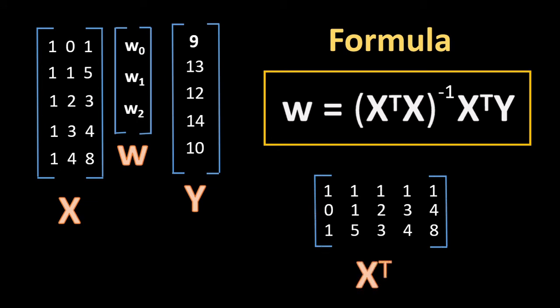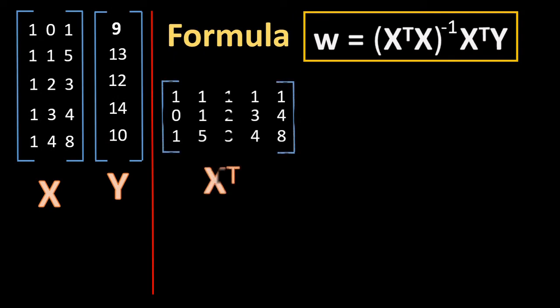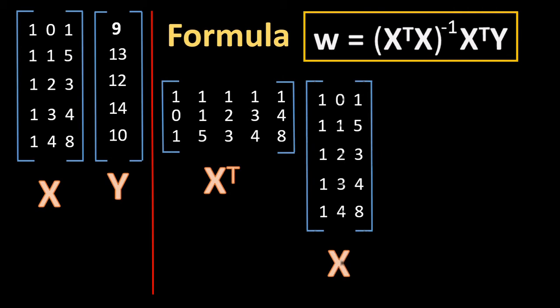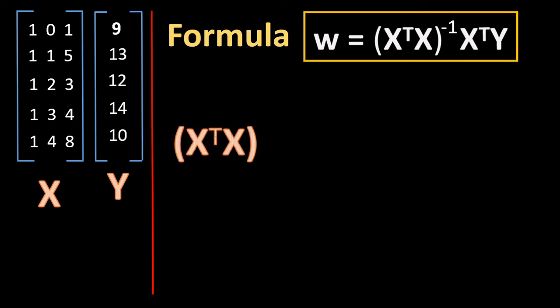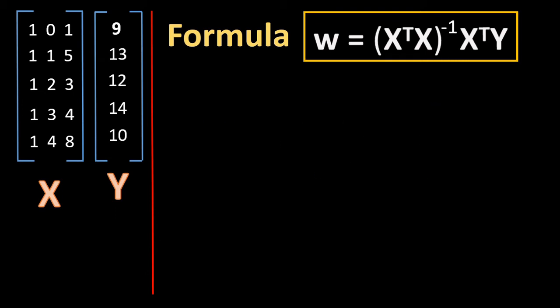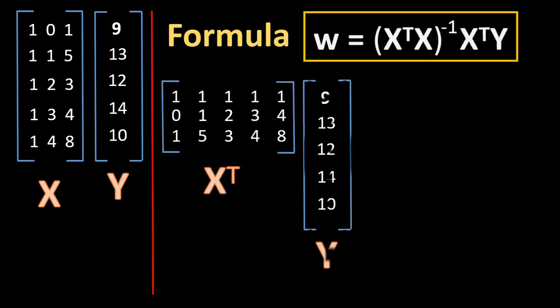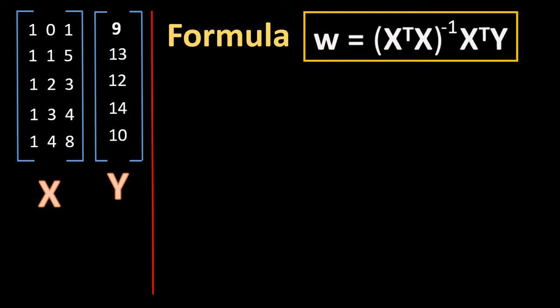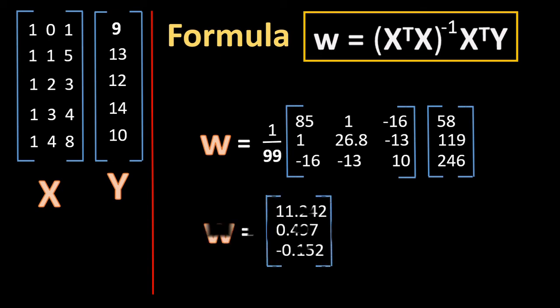So let us first calculate the term X transpose X. What we get is a 3 cross 3 matrix as shown here. And when we find the inverse of this term, we get the following matrix as shown here. Next, let us calculate the term X transpose Y. What we get is a 3 cross 1 matrix, and when we multiply this matrix with (X transpose X) inverse, we get the optimum value of weight W as a 3 cross 1 matrix as shown here.